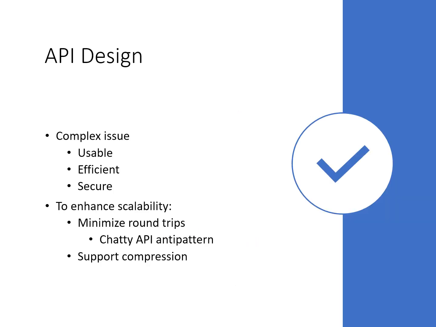API design is a complex topic in itself, and delving deeply into the area is beyond the scope of these lessons. From a scalability perspective, though, there are some issues that you should really bear in mind when deploying APIs. Each API request requires a round trip to the service, which incurs network latency. A common anti-pattern is known as a chatty API, in which multiple API requests are used to perform one logical operation.